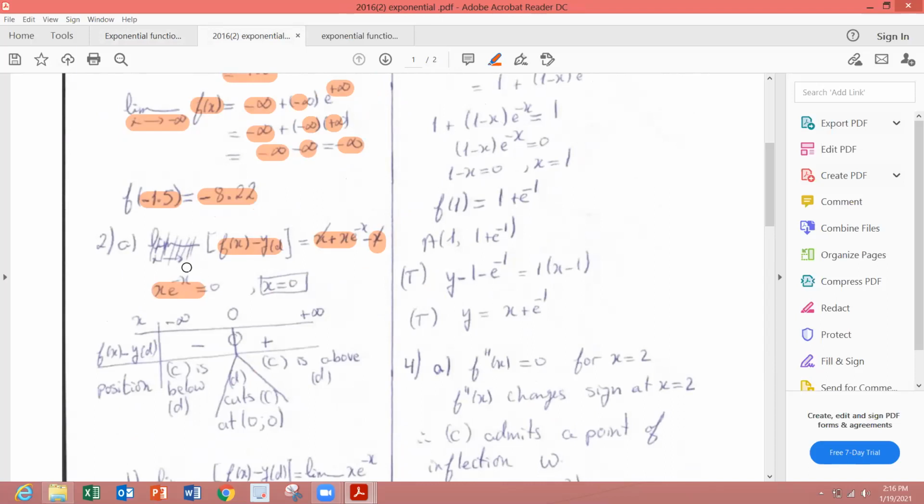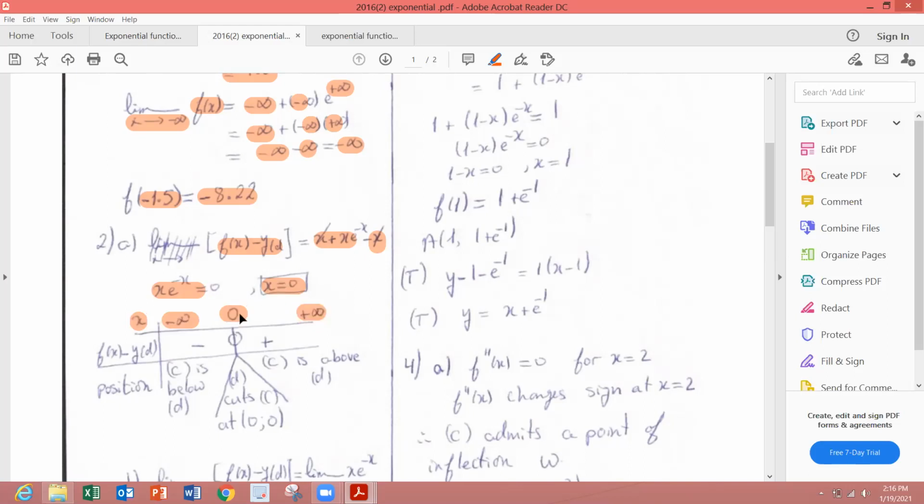x e to the minus x. We have e to the minus x always positive, so we take x equal to 0. The domain is minus infinity to plus infinity. We get x equal to 0.